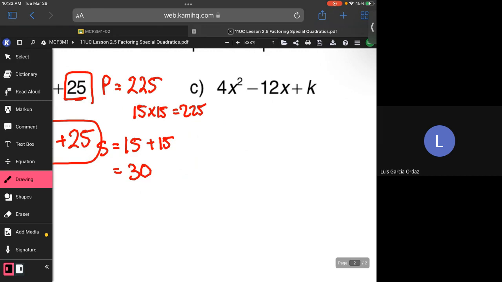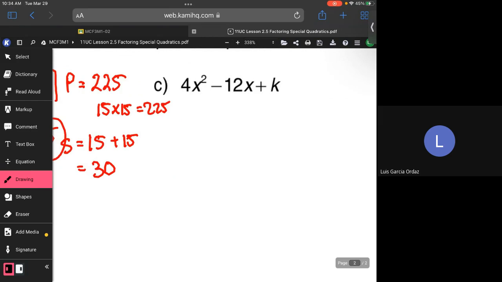So in this case, you're looking for two numbers that are the same that add up to negative 12. So to help you guys out, what are two numbers that add up to negative 12 that are the same?